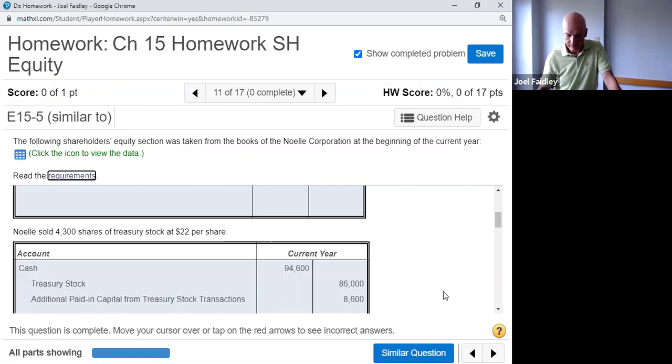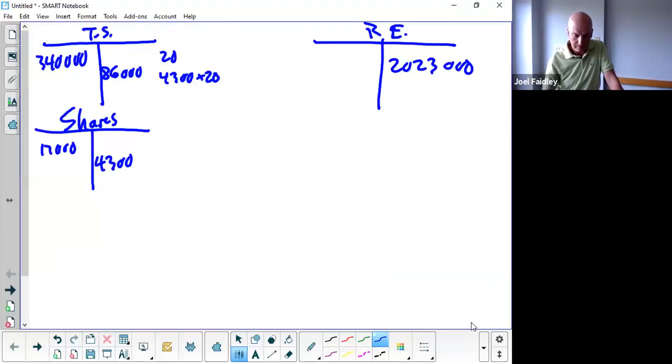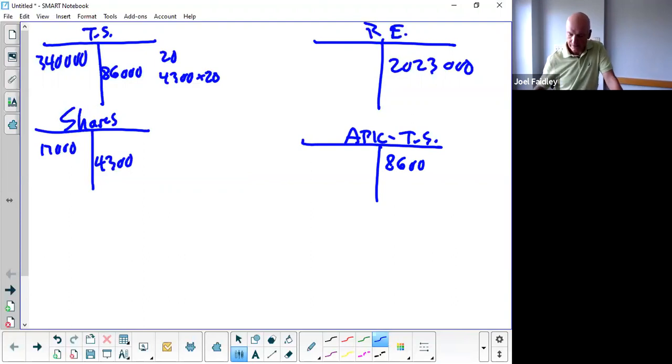The difference goes to additional paid-in capital from treasury stock, 8,600. APIC, treasury stock. You've got to put it in a separate account. You can't put it in common stock APIC.